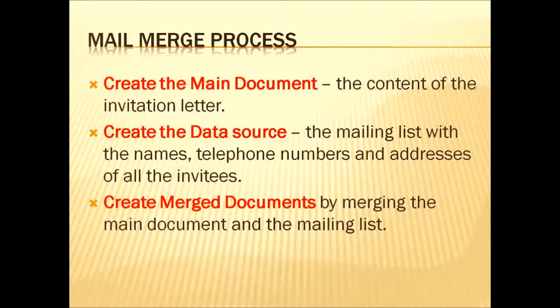Then the last one is create merged documents. These merged documents will be created by combining the main document and the mailing list that we created in the data source step.